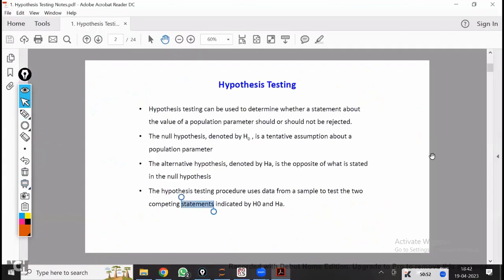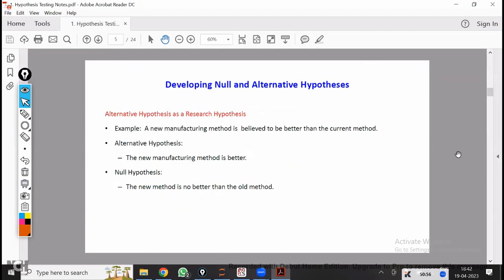Now, let us see the examples one by one. Here, a new manufacturing method is believed to be better than the existing one. The null hypothesis says that there is no difference, because you are comparing the new one with the old one.